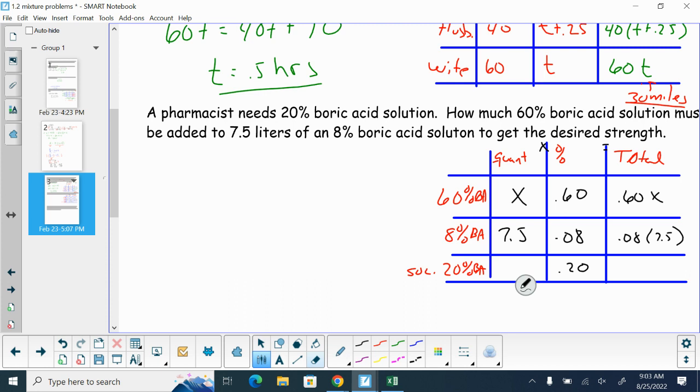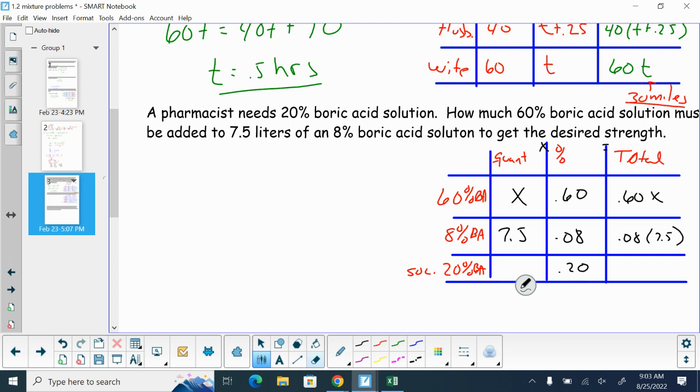We're adding 60% to 8% into a beaker, so we're getting the quantity from this and the quantity from this. 8% is not very strong. The 60% is pretty strong. So we want boric acid a little bit stronger than 8%, closer to 20%. We mix these two quantities together to get a 20% solution.